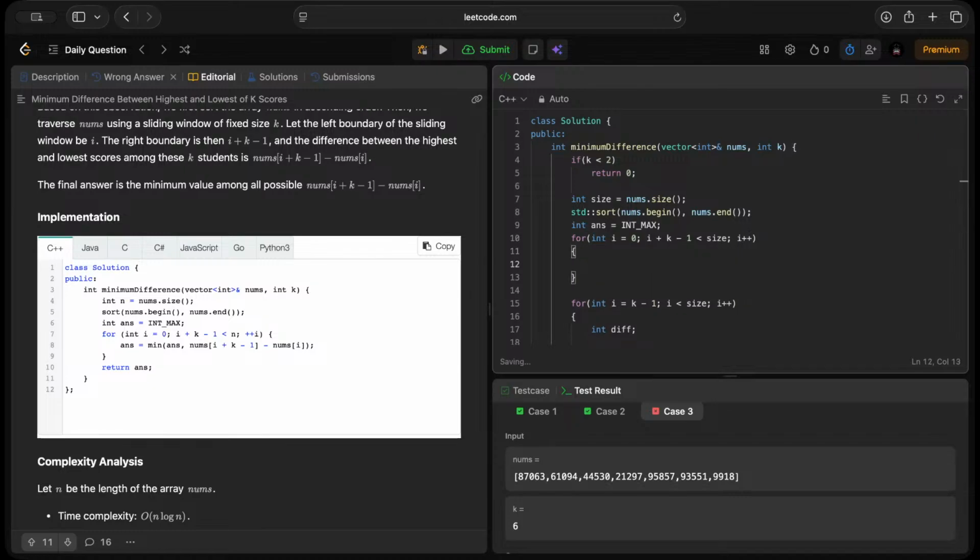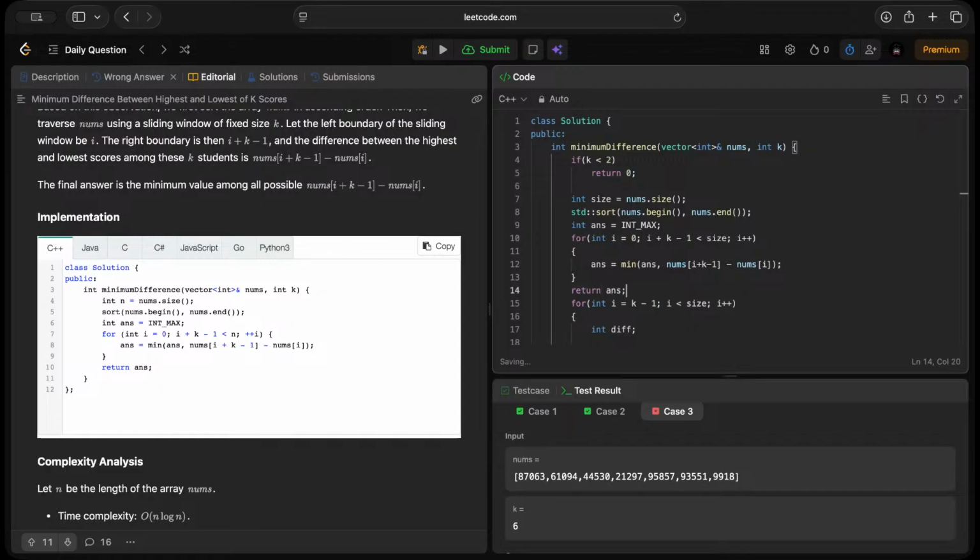And inside of here, we're going to have the answer, and then we're going to use the minimum function of either our answer or nums of i plus k minus 1 minus nums of i. So it does have to have that gap. Okay.